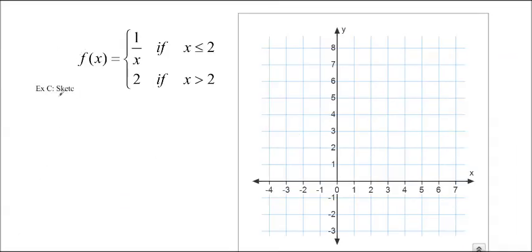Alright, sketch f of x equals 1 over x if x is less than or equal to 2, and 2 if x is greater than 2. So 1 over x, if you recall, looks something like this. First of all, it goes through negative 1, negative 1, and 1, 1, and then it has asymptotes. I do know that I have this endpoint, x less than or equal to 2. When x is 2, I know that 1 over 2 is the answer, so f of 2 is equal to 1/2.